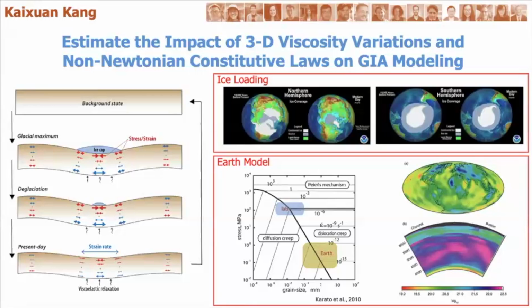We can also use those signals to learn more about the Earth model, like the viscosity in the interior of the mantle. The viscosity of the mantle is really the key factor controlling this transient process in surface loading.